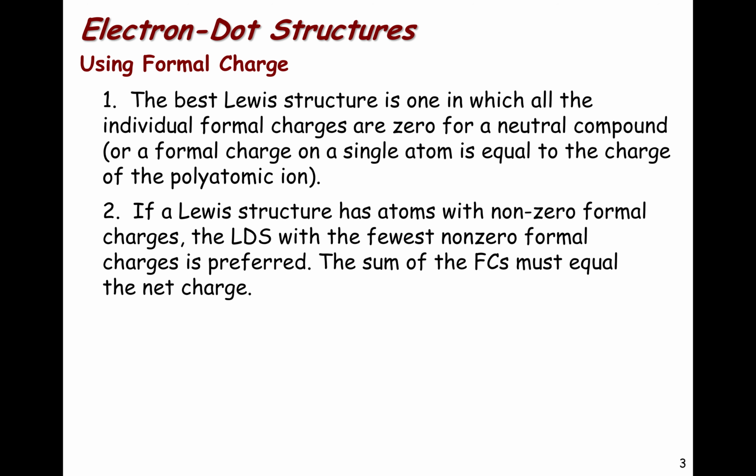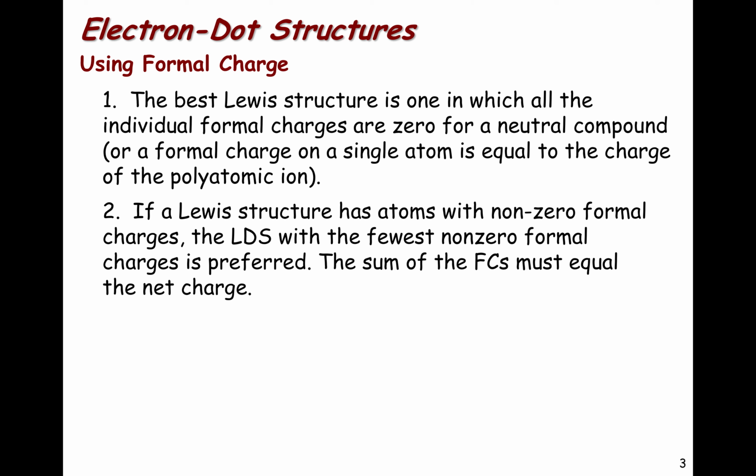The second rule is if a Lewis dot structure has atoms with non-zero formal charges, then we want a structure that has the fewest atoms with formal charges, and again they must add up to the overall charge.